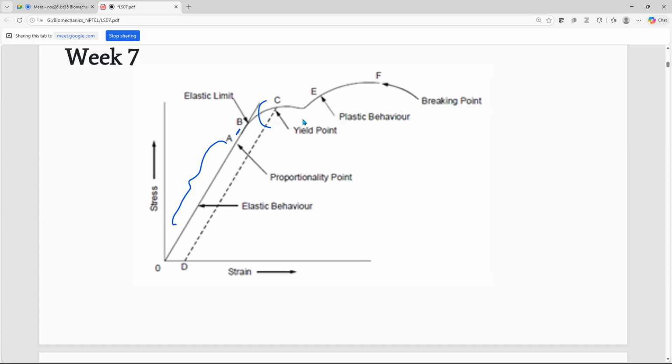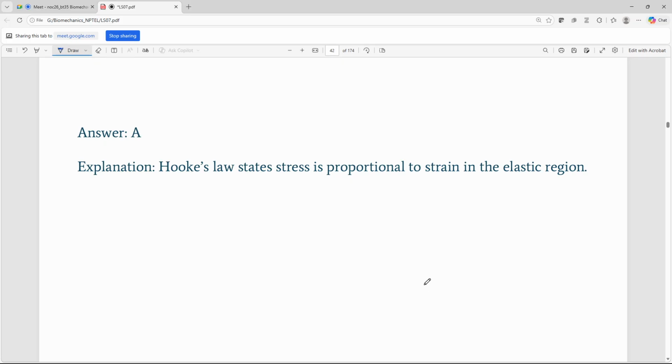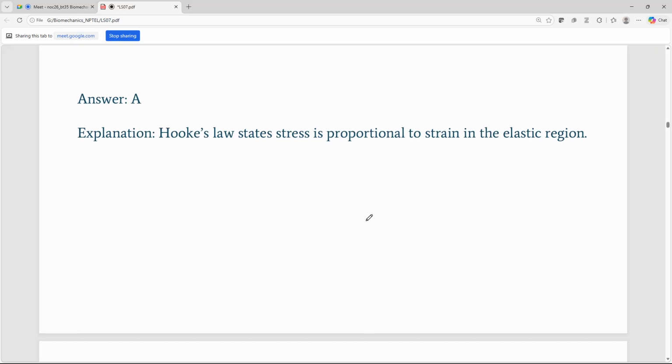So depending on the type of material, the stress strain curve will be different. So in our question, Hooke's law correlates between the stress and strain in the elastic region or proportionality region. Answer is option A.